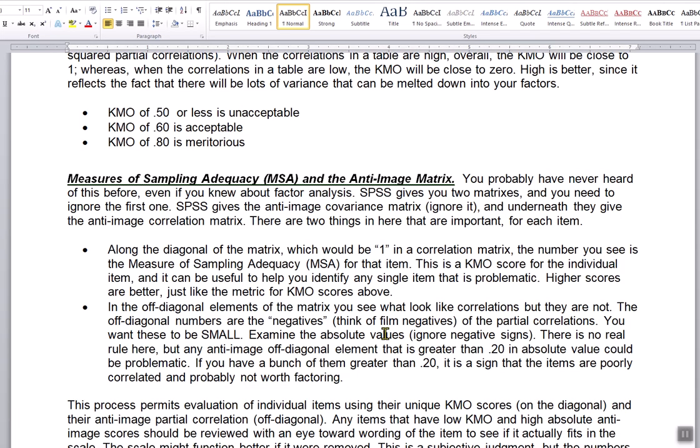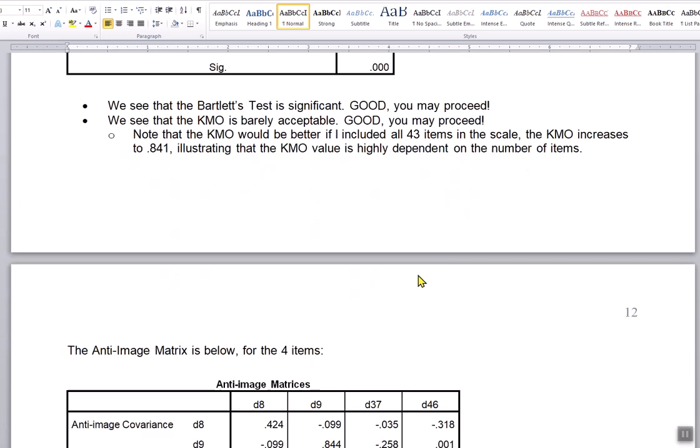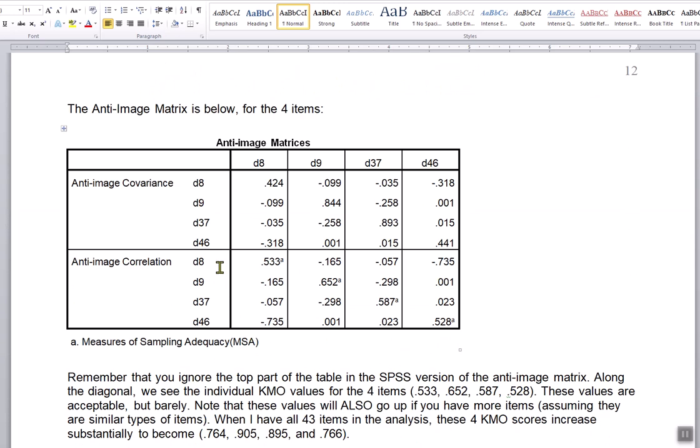Okay, so almost done here. This is a different data set, the Ohlers Ordinary Life Experiences Rating Scale that I developed. Here's a smaller version of the anti-image matrix. What we would be doing here is looking at the second half along the diagonal. Those are the individual KMO scores for these 4 different items.